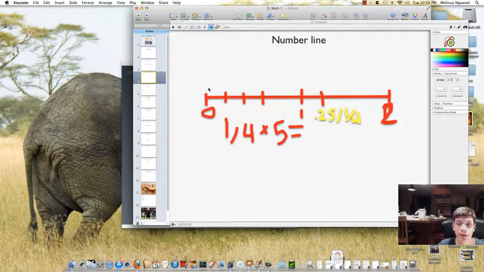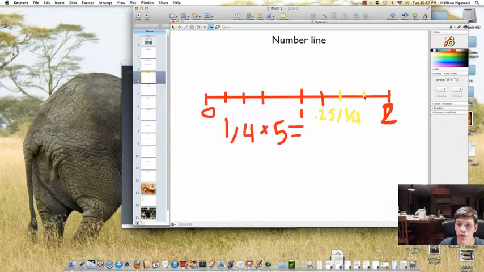Now we can see with the number line, we have 0 and 2. There are 4 quarters within 1. So here's 1, 2, 3, 4 quarters. Here's 1, 2, 3, 4 quarters. What we can now do is jump 5 times. 1, 2, 3, 4, 5.